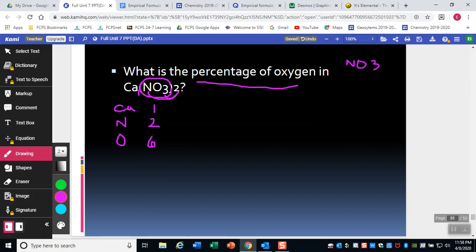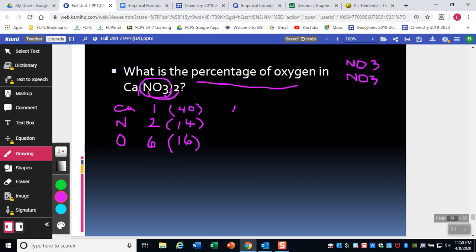There's 1 nitrate, here's 2 nitrates. So I have 2 nitrogens, and I have 3 plus 3, I have 6 oxygens. All right, so now what's the mass of each one? So calcium, I think we said, was 40. Nitrogen is 14. And oxygen is 16. And you get those from the periodic table.